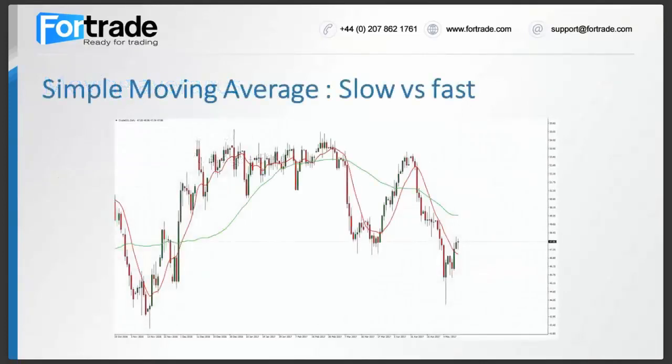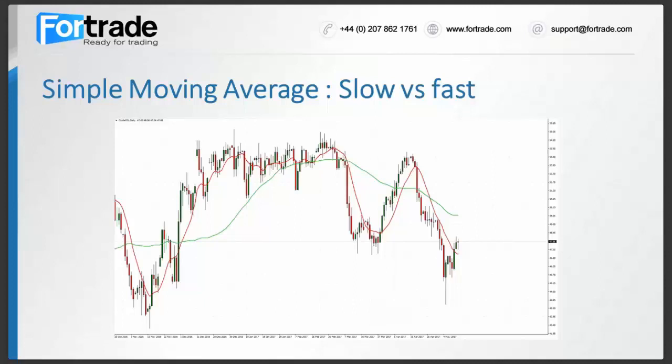SMA, or simple moving average, simply takes the sum of all the past closing prices over a time period and divides the result by the total number of prices used in the calculation. For example, a 10-day simple moving average takes the last 10 closing prices and divides them by 10.